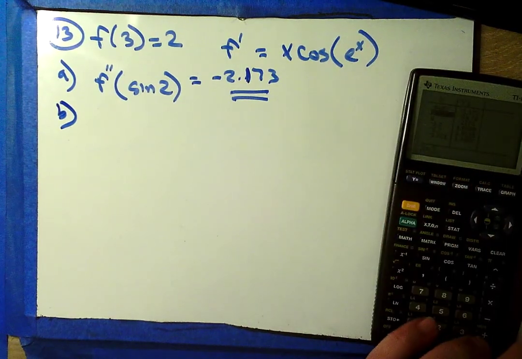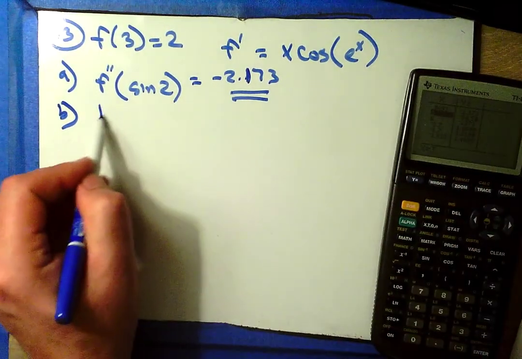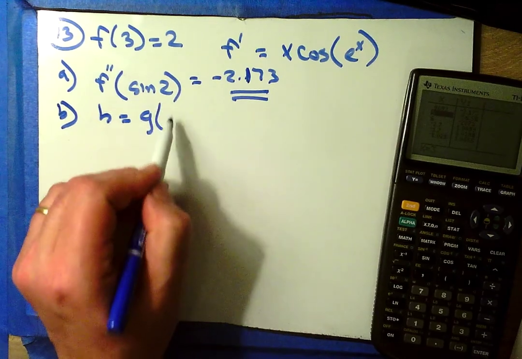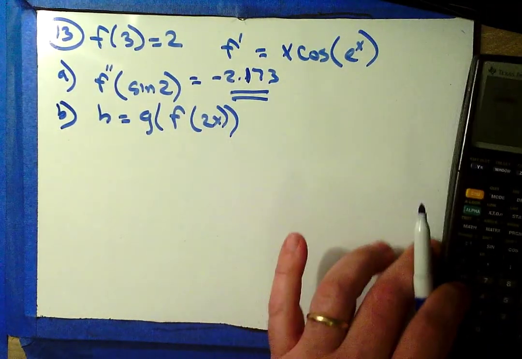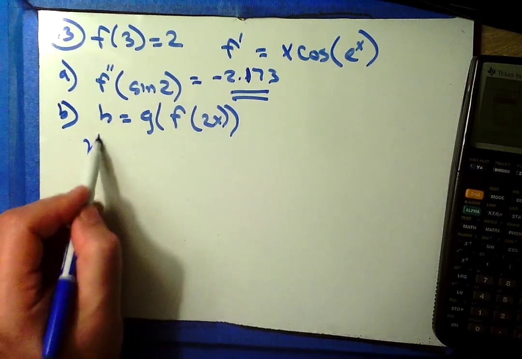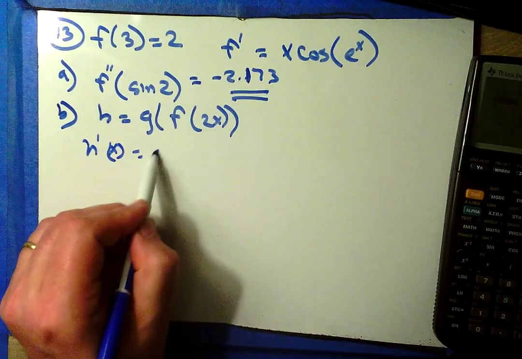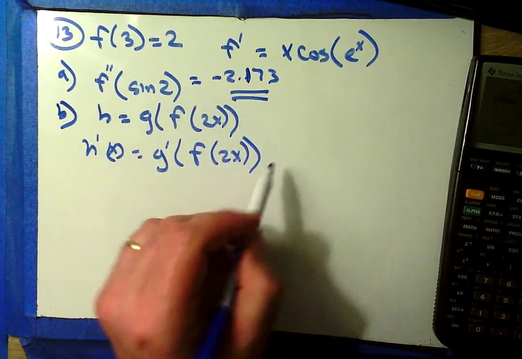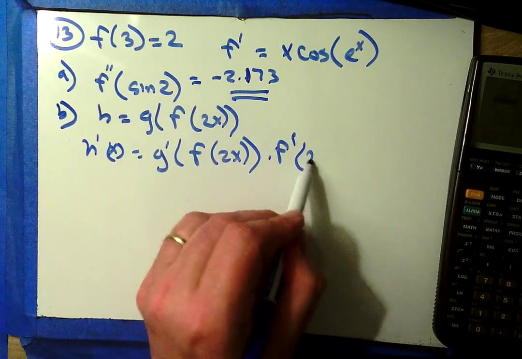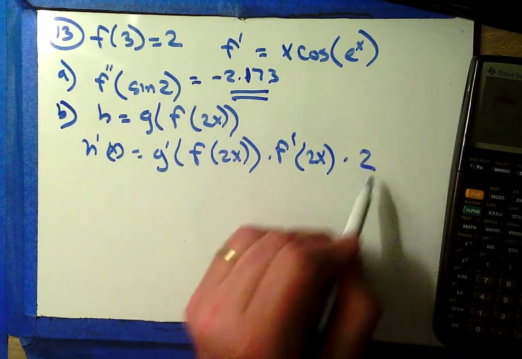13b says h is defined as g of f of 2x. So this is a chain rule question. They want h prime of x first, which would be g prime of f of 2x times f prime of 2x times 2.